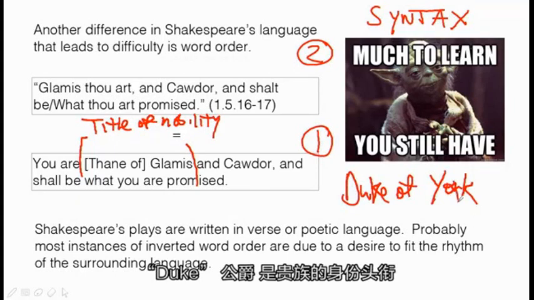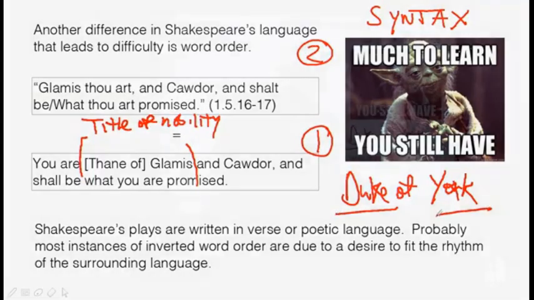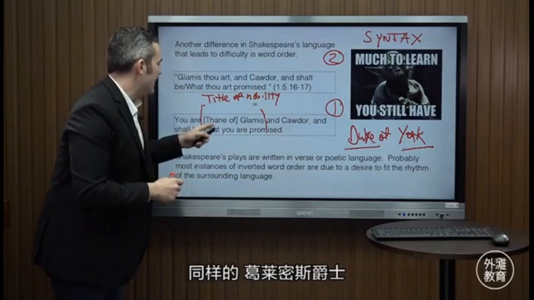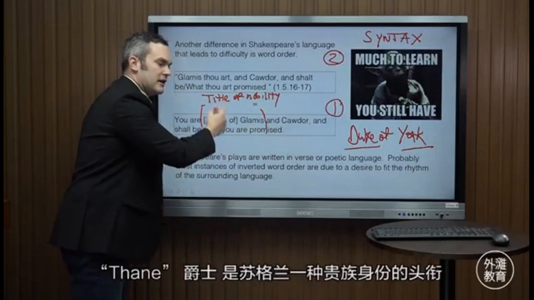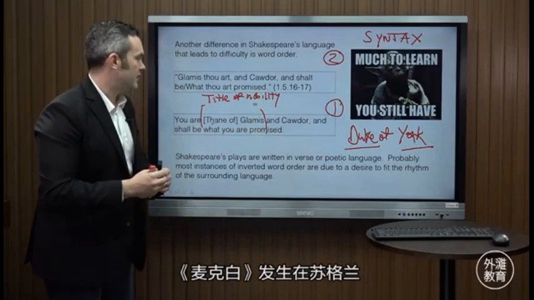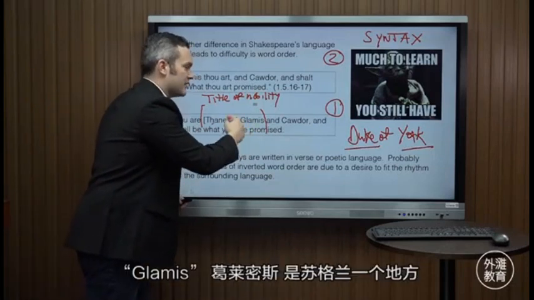The Duke of York: Duke is the title of nobility, it's a type of nobleman, and York is a place. Similarly, thane of Glamis: thane is a Scottish title of nobility. Macbeth takes place in Scotland, and Glamis is a place in Scotland, right?